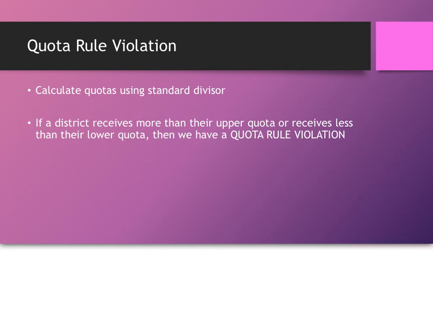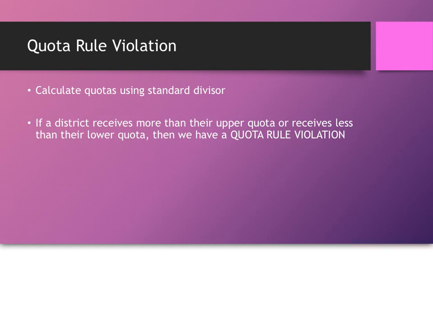And by the way, there's two quota rule violations. One of them is you can get more than the upper quota, and the other one is you can get less than the lower quota. Okay, and Jefferson's method allows for quota rule violations. So we're not going to see the Alabama paradox or the new states paradox, but you will see quota rule violations using Jefferson's method.